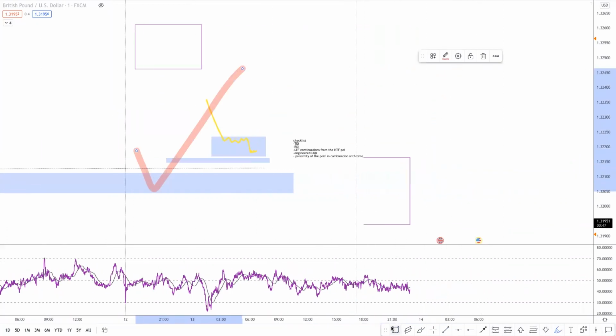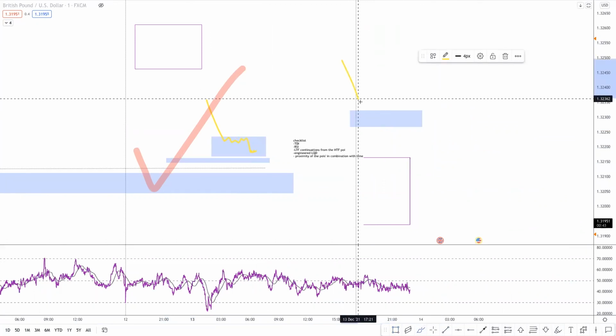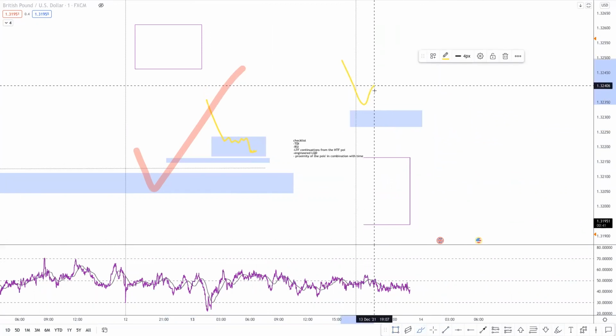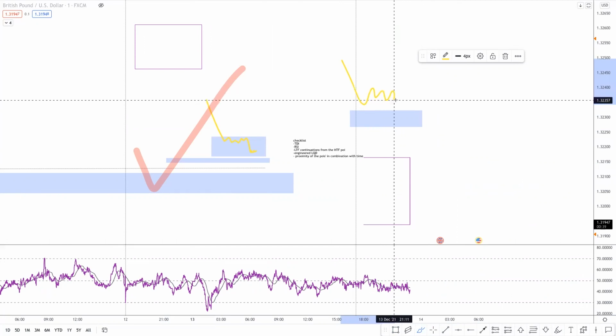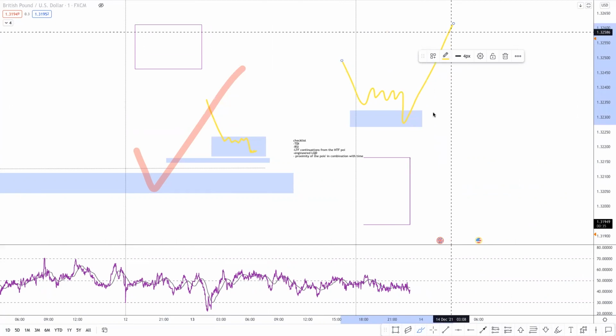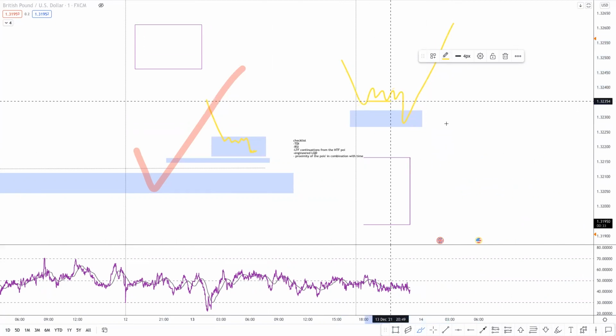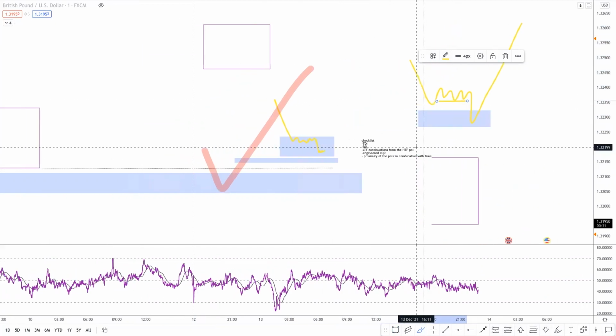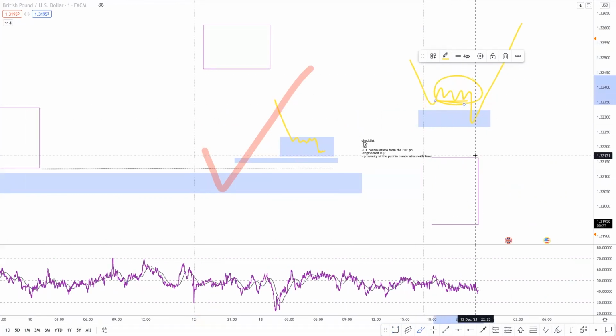A lot of people are taught, here's the POI, price should come down, hesitate to touch the POI, build liquidity, and then stop hunt all that liquidity for price to make its real move. That's how most people are taught to trade these POIs. However, what is the proximity of this liquidity?